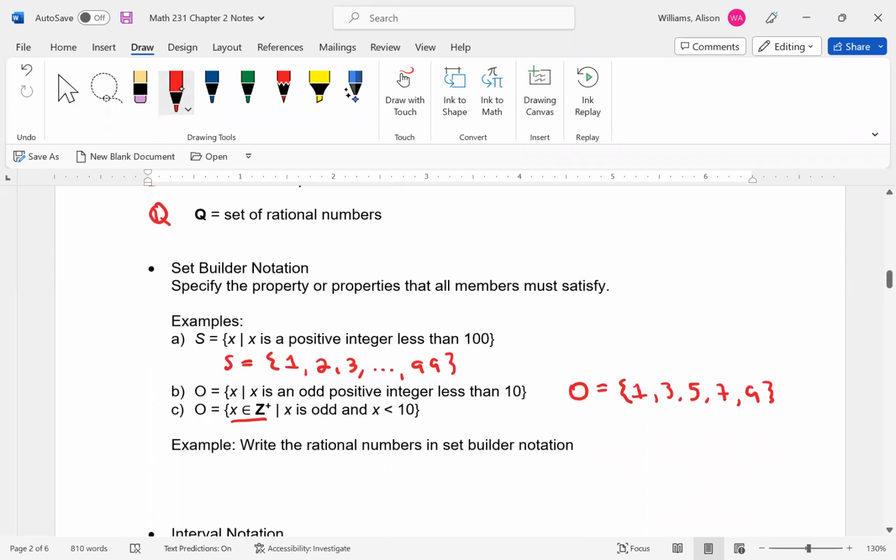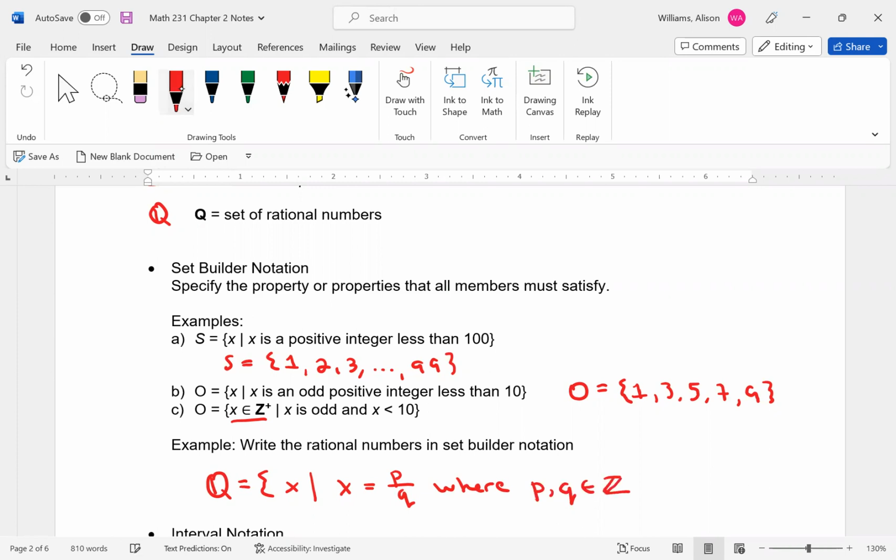Okay, so let's write the rational numbers in set builder notation. Here's what makes the rational numbers rational: they are numbers that can be written as a fraction. If I wanted to write that out in set notation, here's how that would look. Q equals X such that X equals P over Q. And here's where I'm going to indicate where P and Q are coming from, where P and Q are integers.